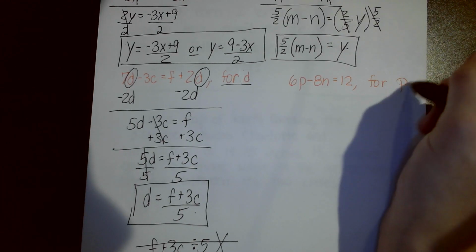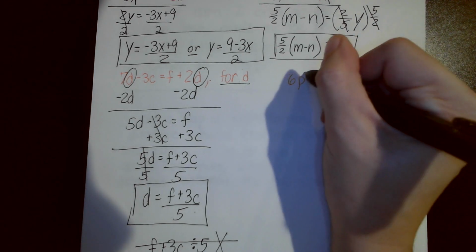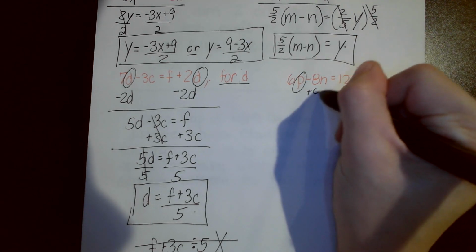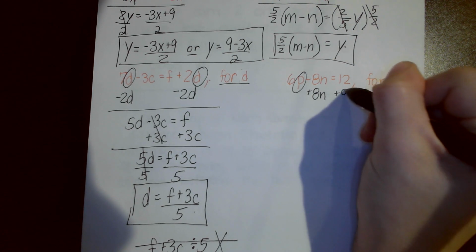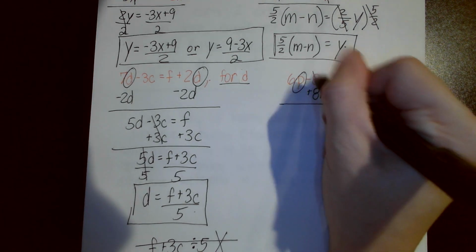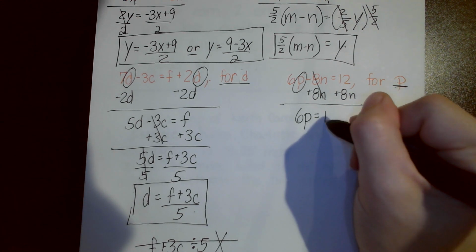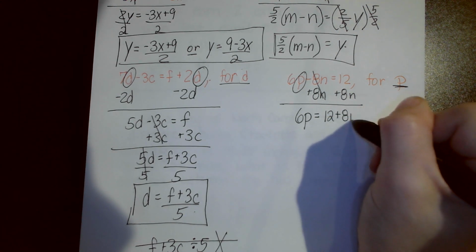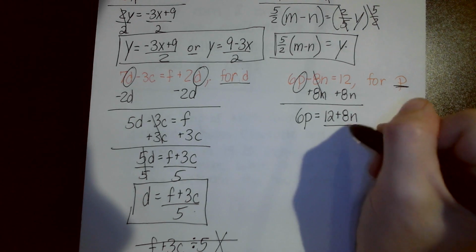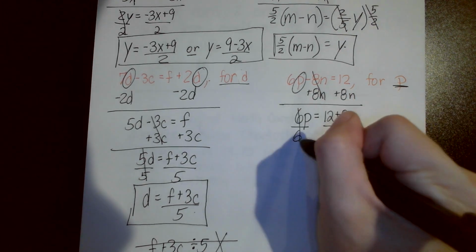Last one, solve for p. P is right here. So I want to move 8n first. 6p equals 12 plus 8n. And I want p alone, so divide by 6.